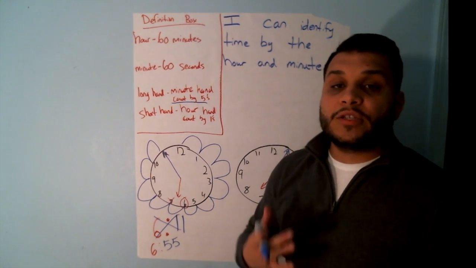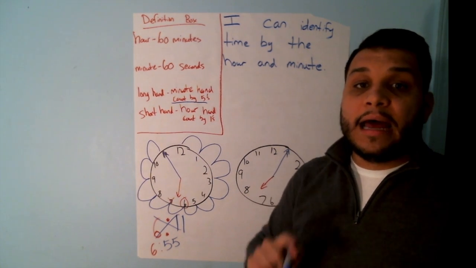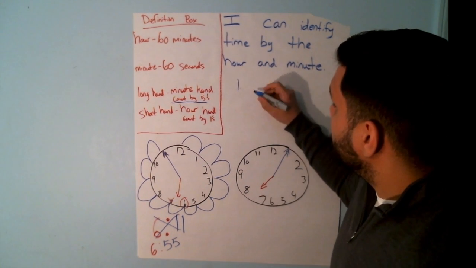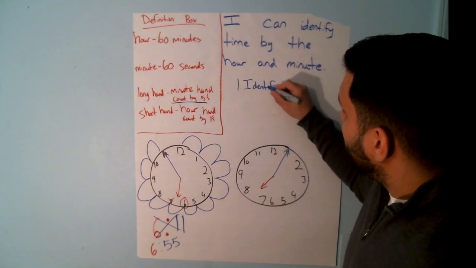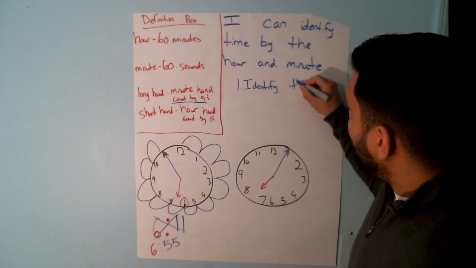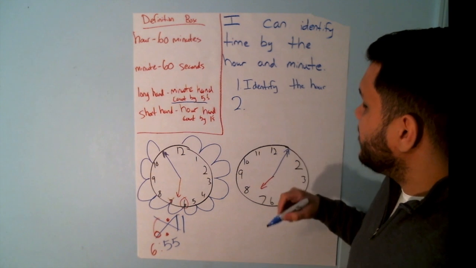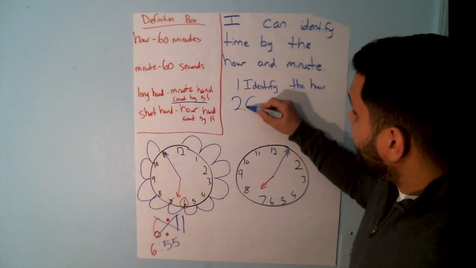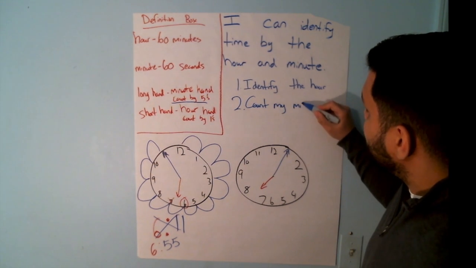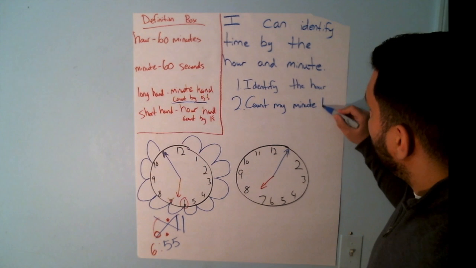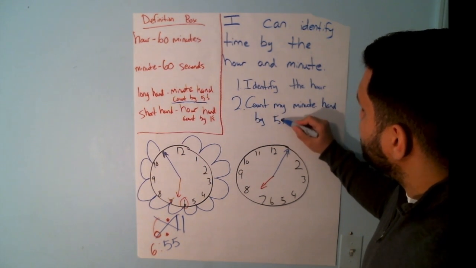In order for me to be able to identify time by the hour and the minute hand, I first identify the hour. My second step is to count my minute hand by fives.